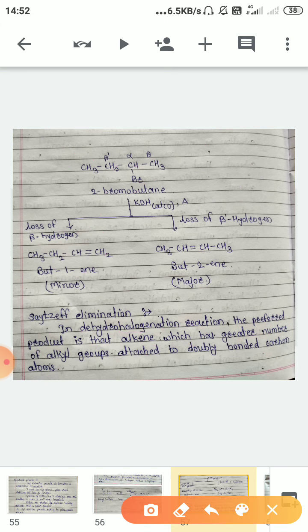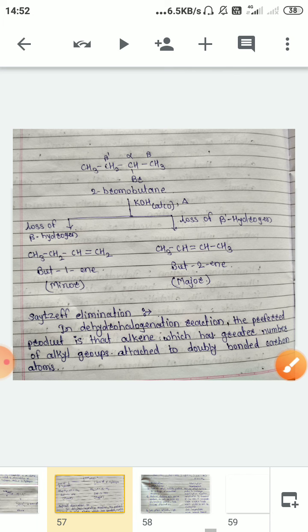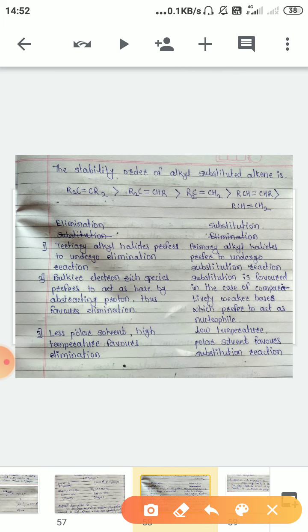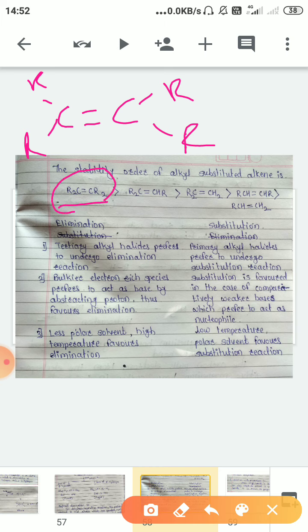We'll see the stability order for the substituted alkenes. CR2 double bond CR2, where R is the alkyl group, has a greater stability than CH2 double bond CR. Now here, how many alkyl groups are there? Two on this carbon atom and one on this carbon atom.